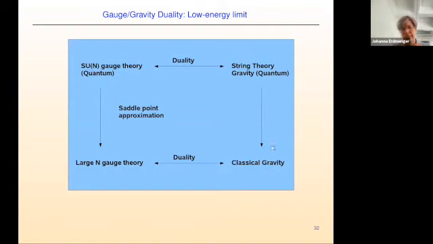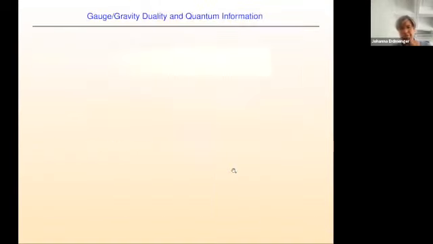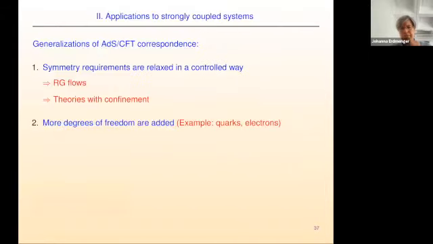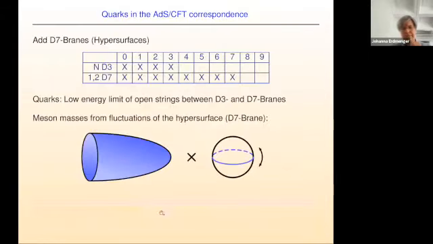So in this corner, I now have this picture. In addition to the Einstein-Hilbert action, for which AdS space is a solution, I have another contribution to my action, the so-called Dirac-Born-Infeld action that describes how this brane fluctuates.